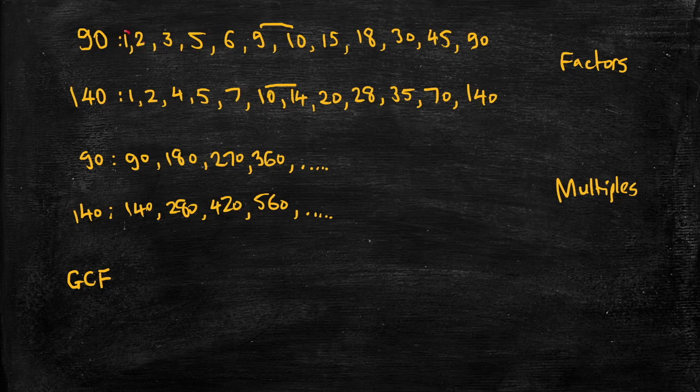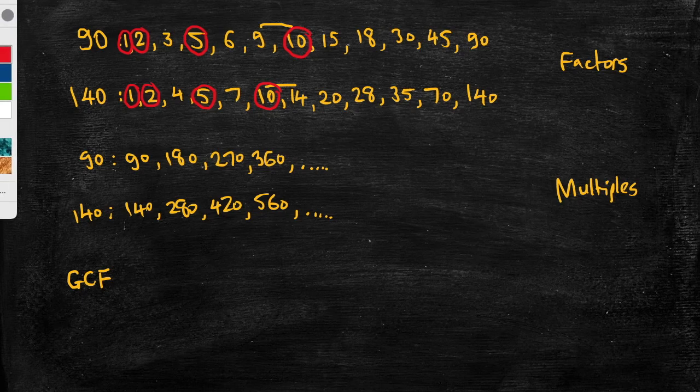So 1 is in both lists, and 2, what else, 5, 10, so those are the common factors. And so the greatest common factor is 10.